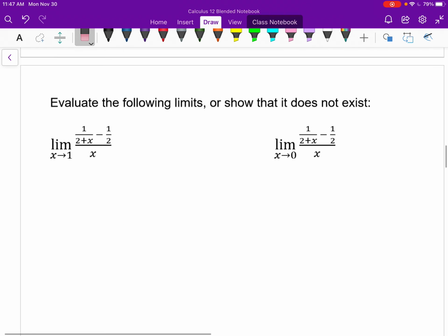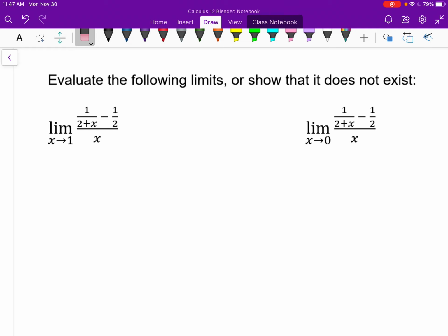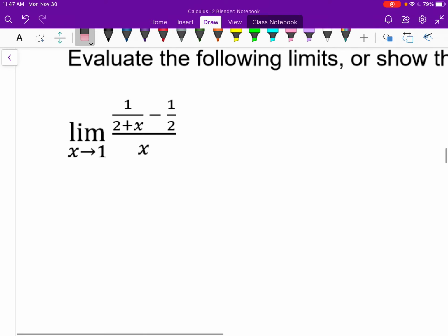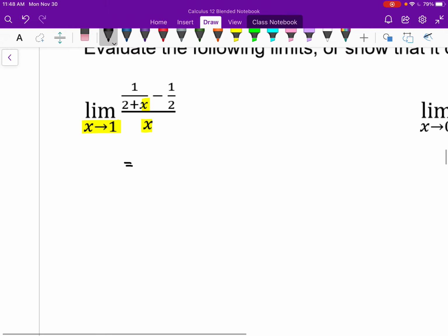All right. Algebraically, how can I find some limits without just substituting values in? Well, there's nothing wrong with substituting values in. I always encourage you to see if it's going to work. For example, for this limit, the limit of this expression as x approaches 1, if I just replace x with 1, it's great, because I just get 1 over 2 plus 1 minus 1/2 over 1.